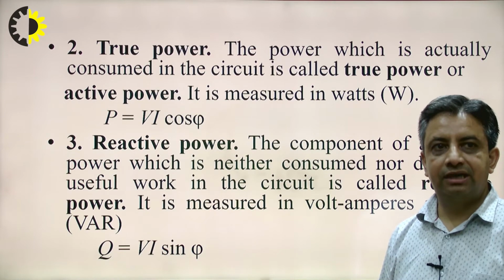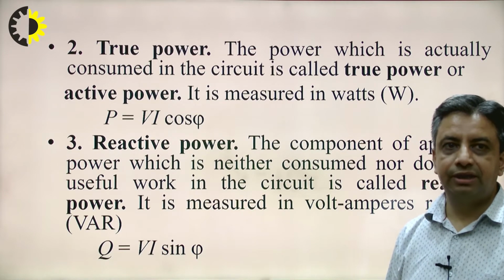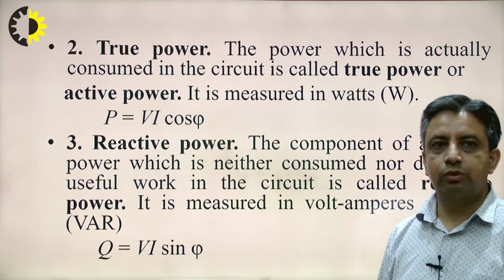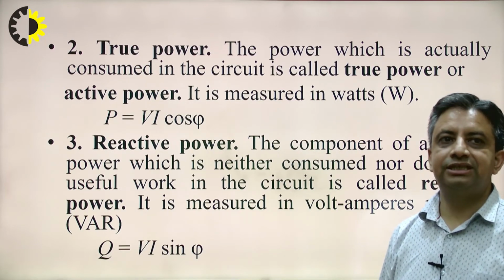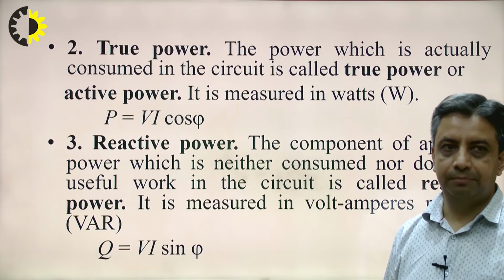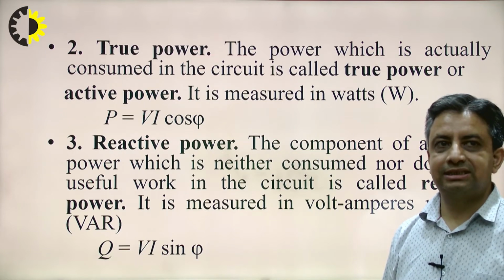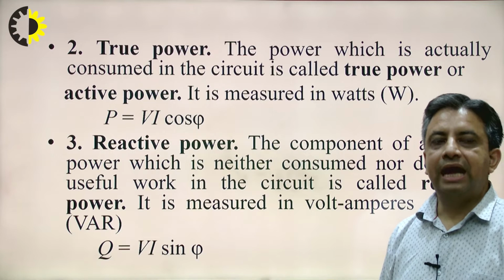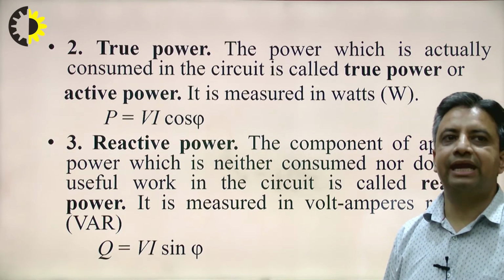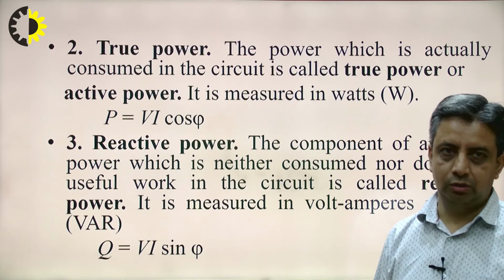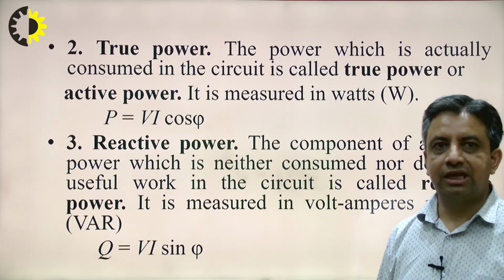And the third one is called the reactive power because we have energy storing elements like L and C. These elements generally consume this particular power. Resistance always consumes the active power. That's why you can say that the formula to calculate active power can be I square R also, and the units are watt.